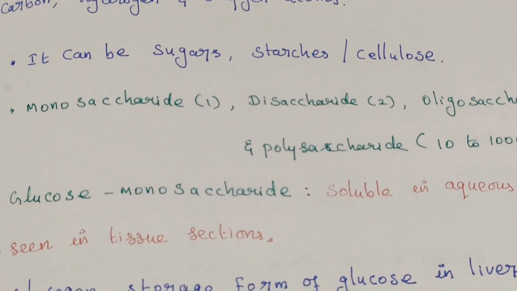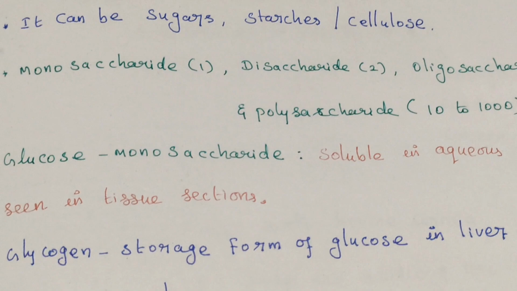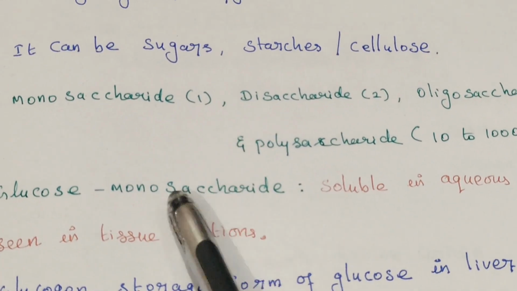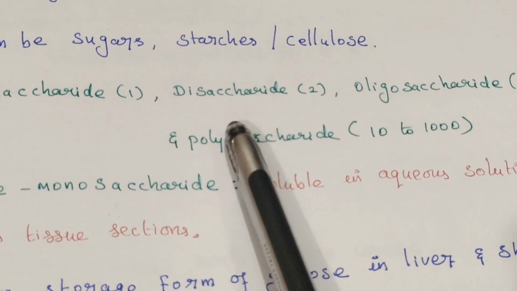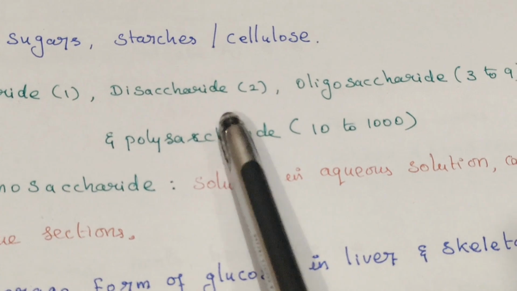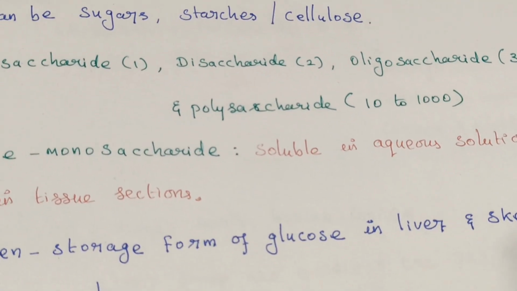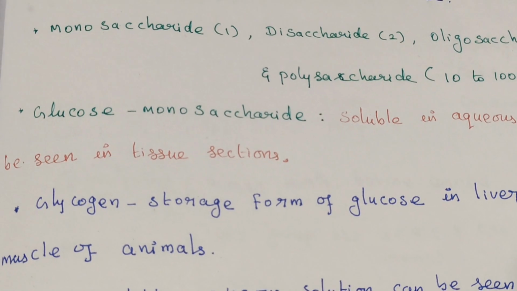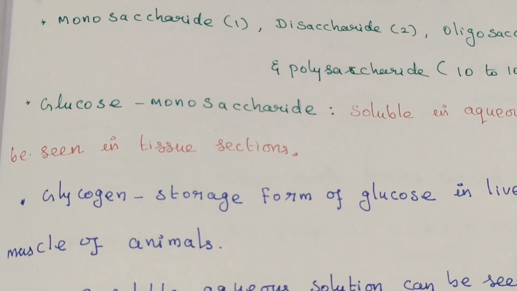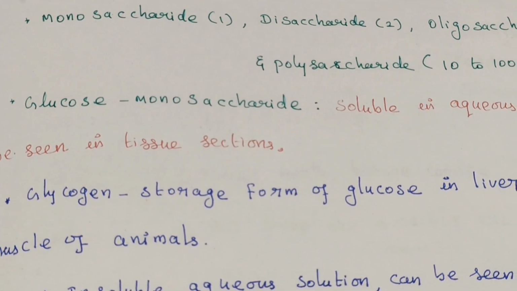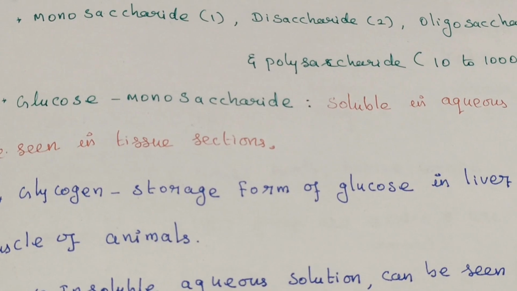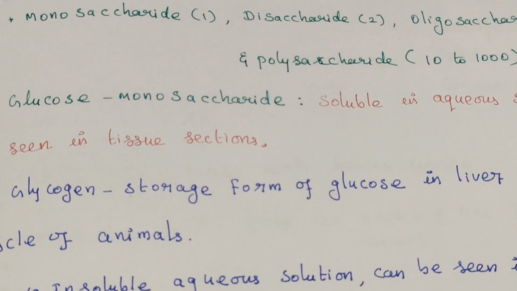So monosaccharide is the simple unit. Disaccharide is 2 monosaccharides joined together. Oligosaccharide is 3 to 9. Polysaccharide means more than 10. Glucose is a monosaccharide. Its primary role is to act as a source of energy for the body.